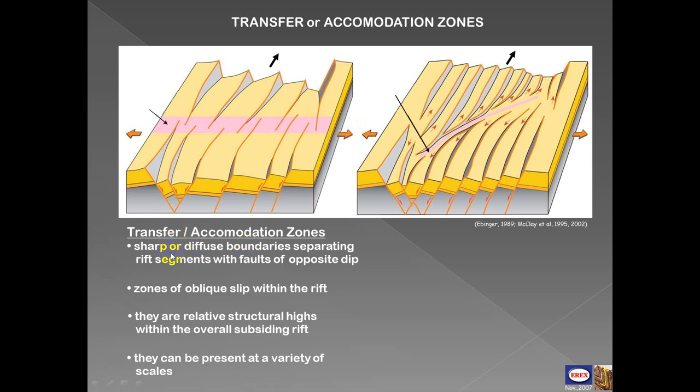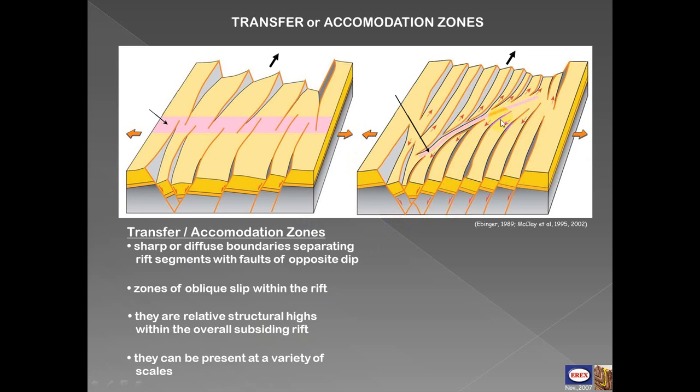An accommodation or transfer zone is a sharp or diffuse boundary separating rift segments with faults of opposite dip. Here faulting is dipping this way and the fault is dipping this way, so the accommodation zone is a zone of diffuse deformation separating two rift segments with opposite rift fault dip.